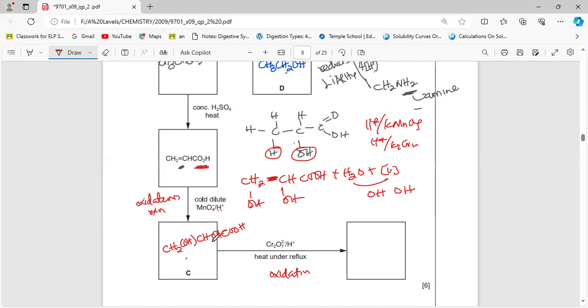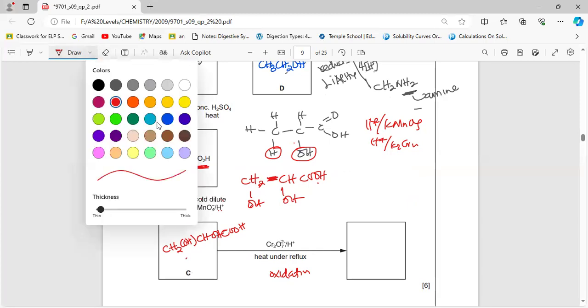So reacting with this means that it is going to be oxidized. You cannot oxidize the carboxylic acid, so instead it oxidizes the alcohol.